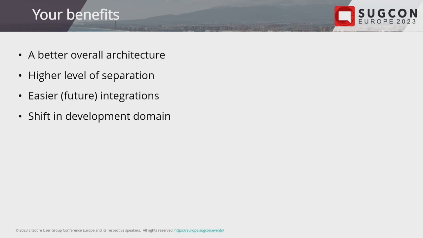So why should you invest in moving towards XM Cloud? Well, I think when you do so, you end up with a better overall architecture. You have a higher level of separation, and you have easier future integrations, and you actually have a shift in development domain, making it easier to work with for your developers, because you have control over everything you do, and you isolate your work from the actual Sitecore implementation.